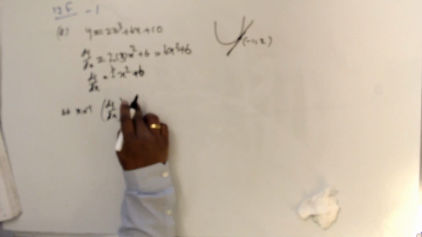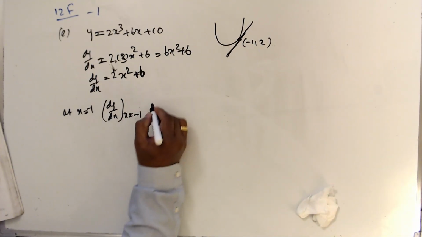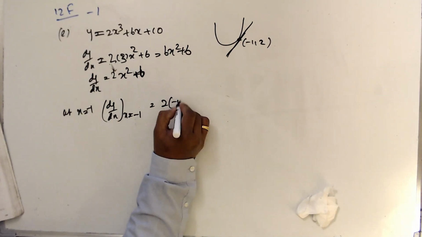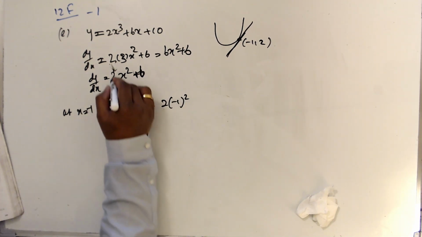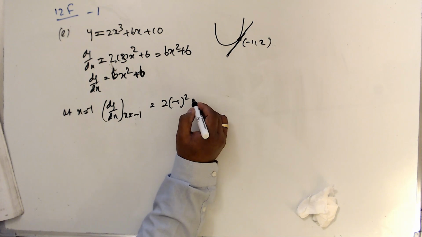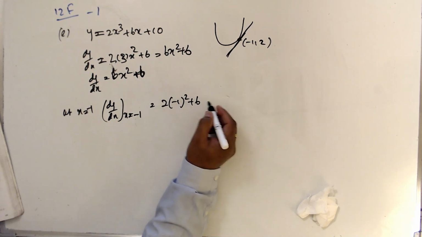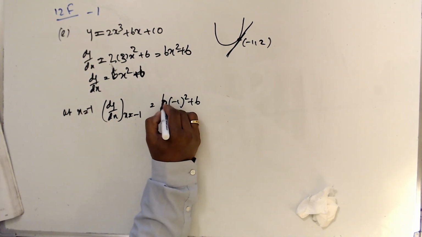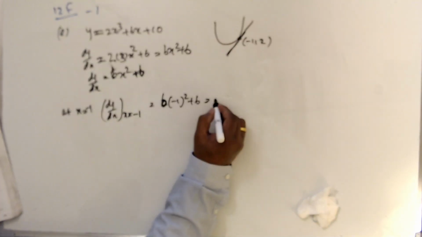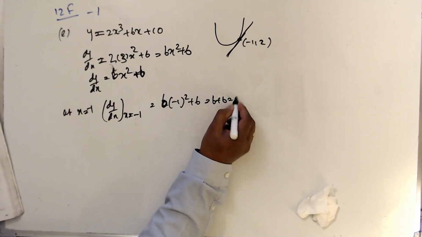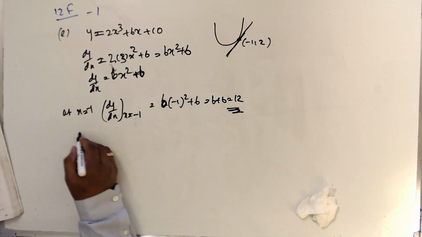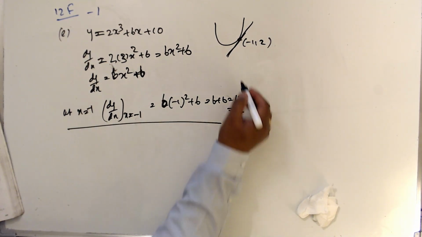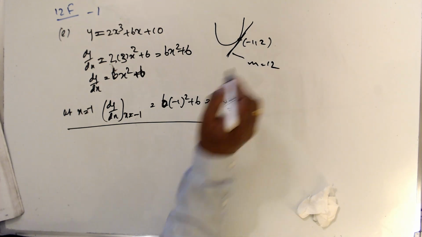Sorry about this. 2 times minus 1 squared. Sorry, 6 plus 6. So this is going to be 6 plus 6 equal 12. And now we know the gradient is 12.